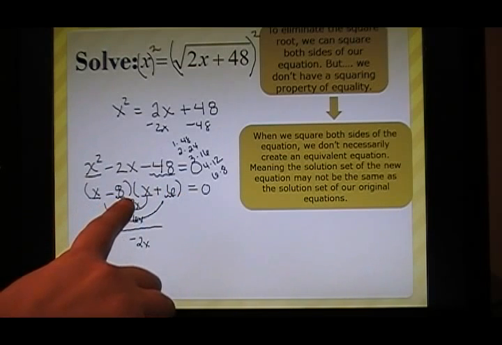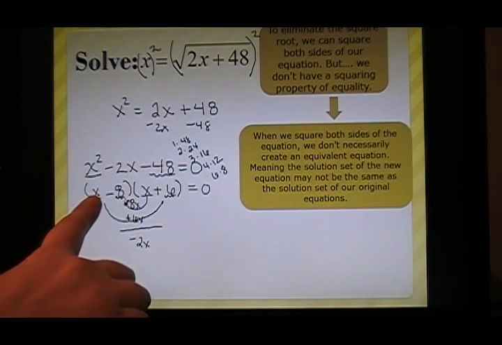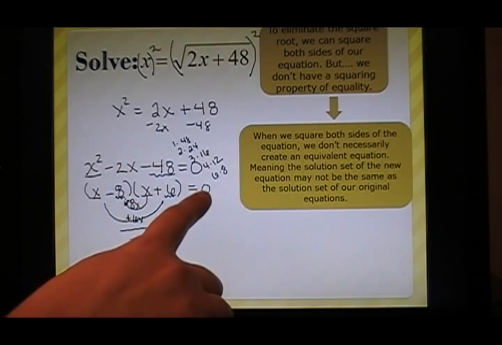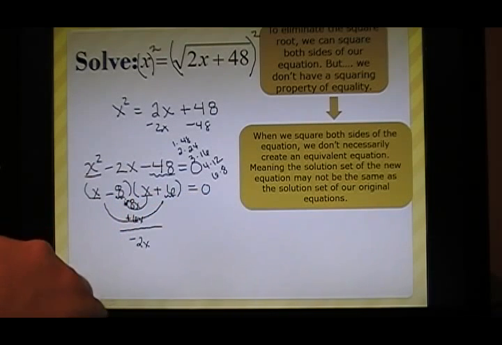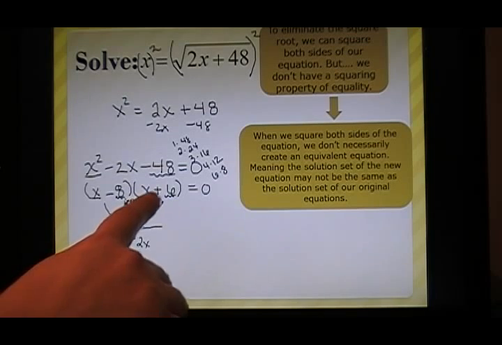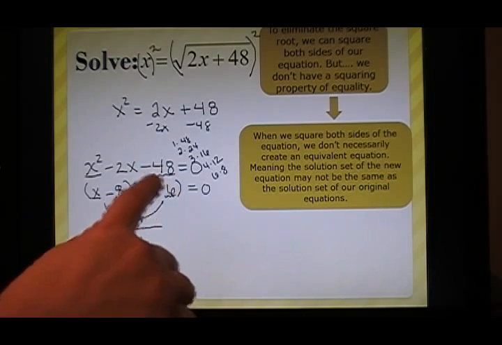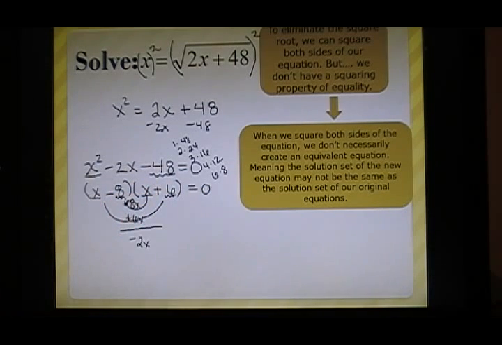If x equals 8, this factor equals 0, and this product would then be 0. If x equals negative 6, negative 6 plus 6, this factor would be 0, which would make this product equal 0. So our solutions to our root-free equation are 8 or negative 6. Okay?